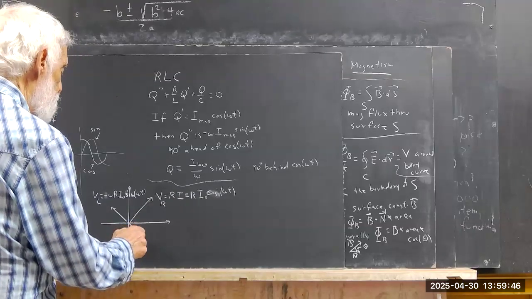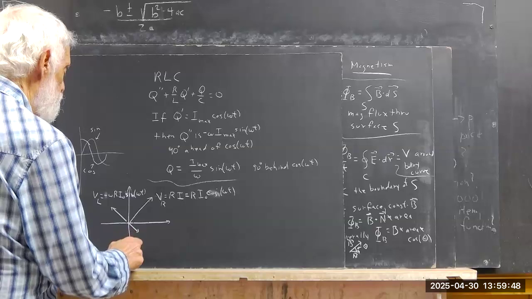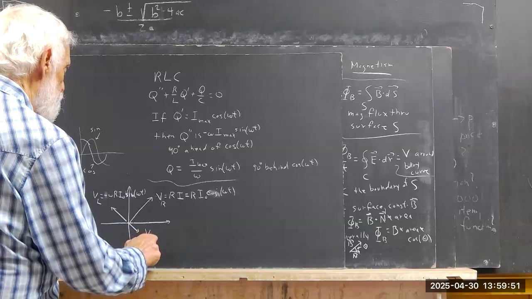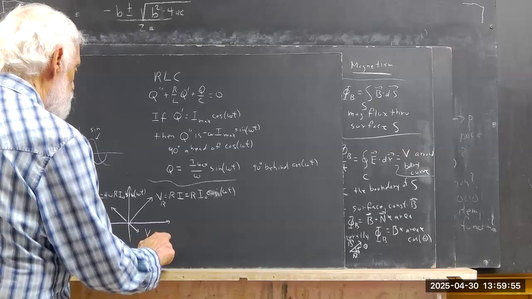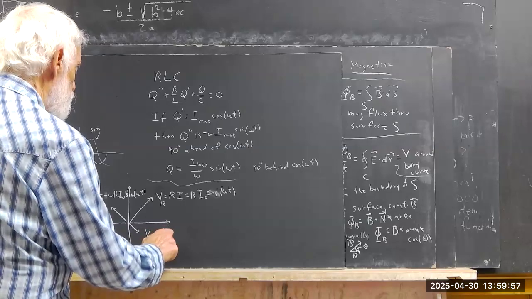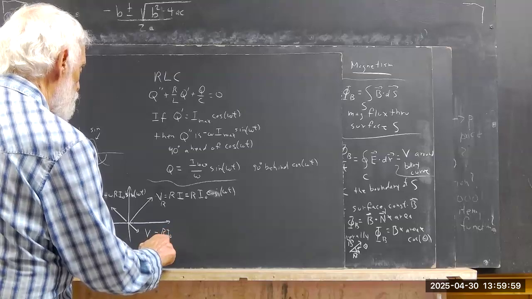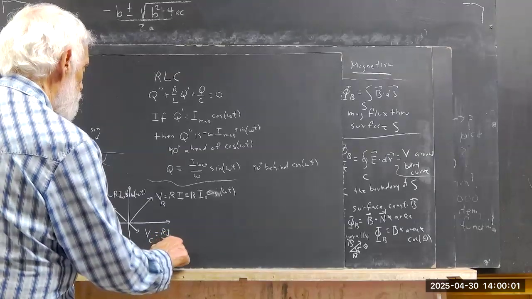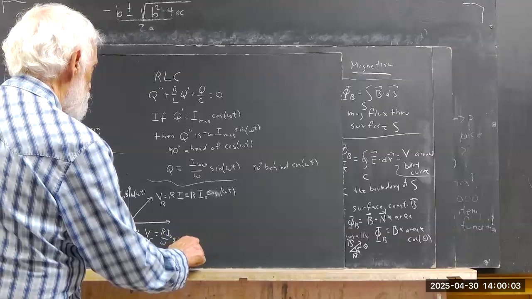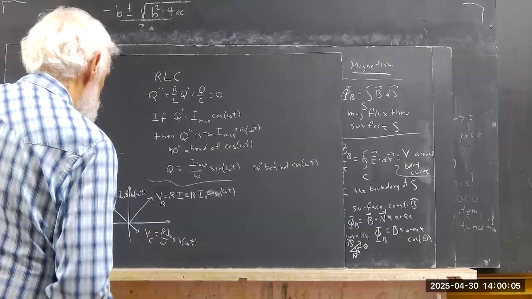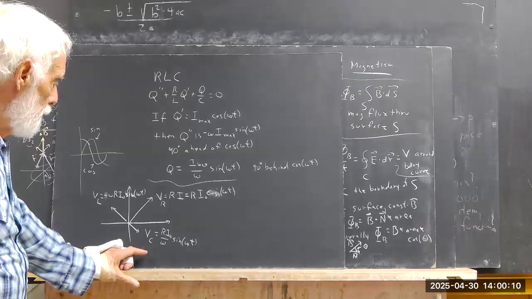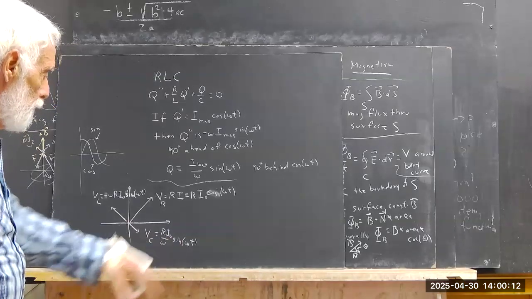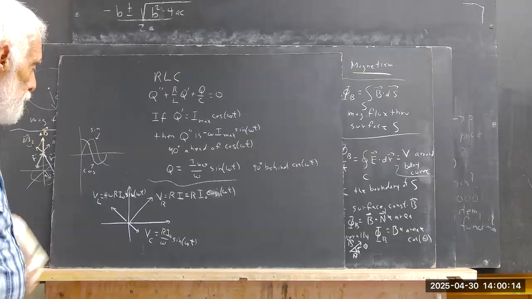And here is VC, which is I naught over omega C, sine omega t.